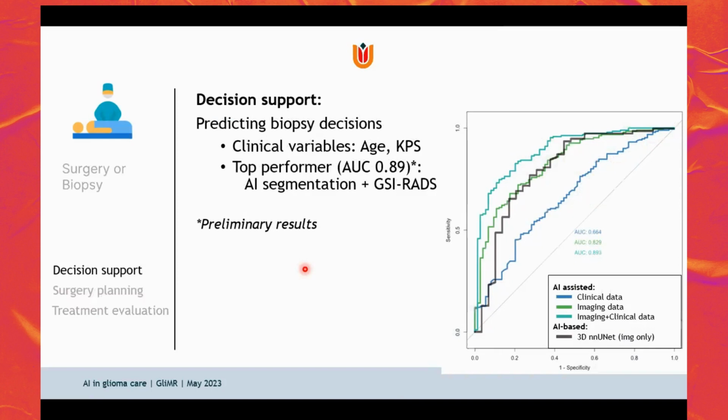And here we see that for now, at least, the top performer is the AI-assisted method, where we use AI-enabled segmentations with classical feature extraction, for example, the size and the location of the tumor in the brain and overlap with anatomical structures. We get an area under the curve of about 90% for these cases. And this could, for example, be used to aid clinicians in their decision.